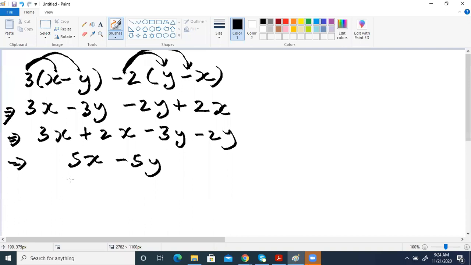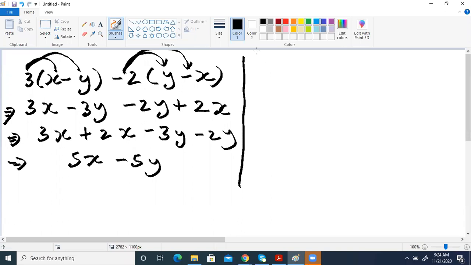Even if you understand how to do the question, your solution has to be laid out properly so that whoever is examining, whoever is marking, can understand easily. Okay, let's move on.